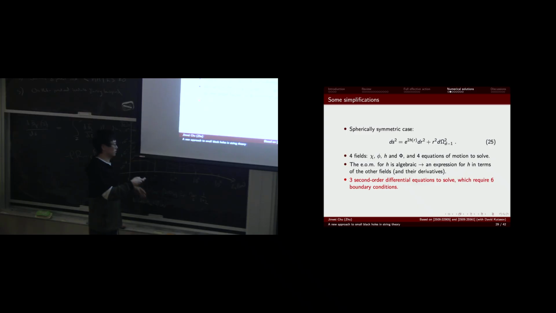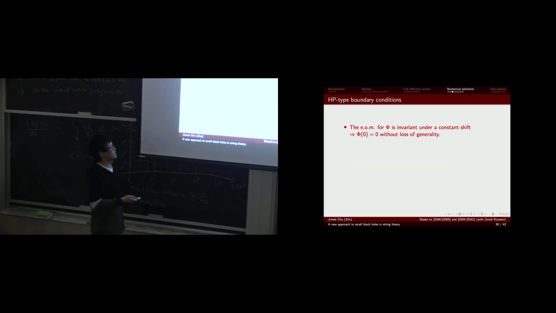It still sounds like there are too many boundary conditions, but actually a lot of them can be fixed. First, we can utilize the shift symmetry of the dilaton capital Phi to fix capital Phi at origin to be any value that we like. And we like 0. That fixes one boundary condition.